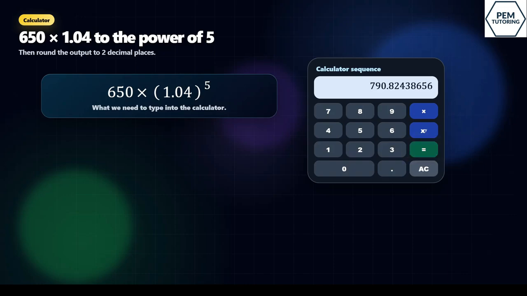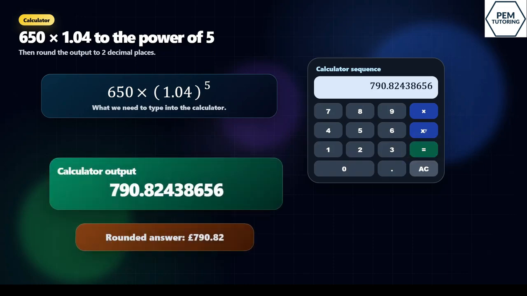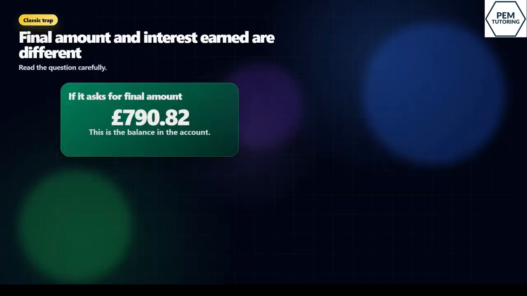You get 790.824388656. Round it to 2 decimal places. Aisha has £790.82. But here's a classic trap. If the question asks for the final amount, the answer is £790.82.